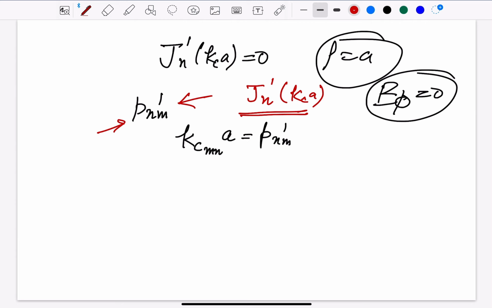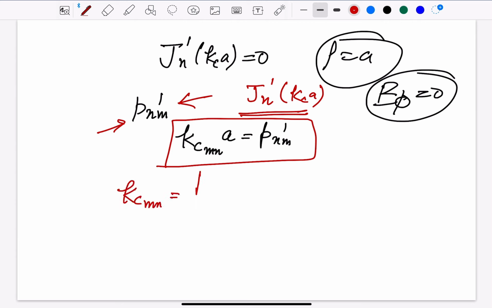Fine. Hopefully this is clear to all. So in this way we can define like this. So now we can write KCMN is equal to P'NM divided by A.